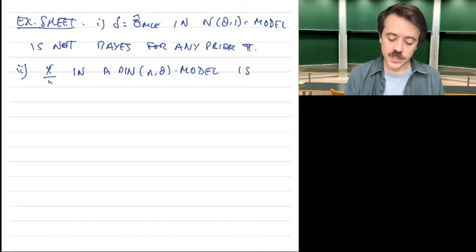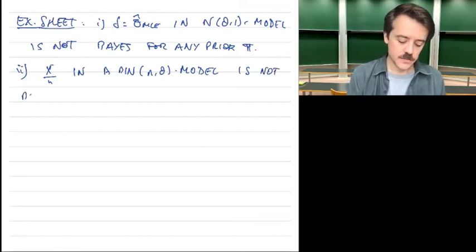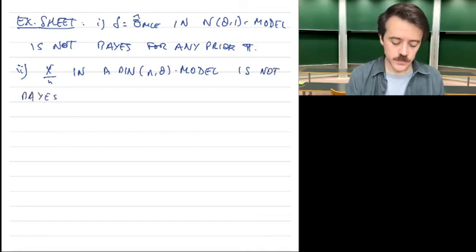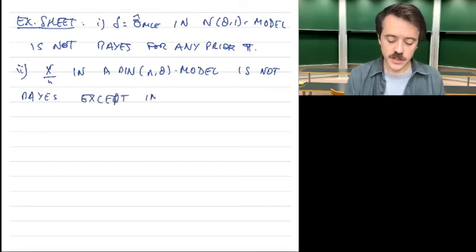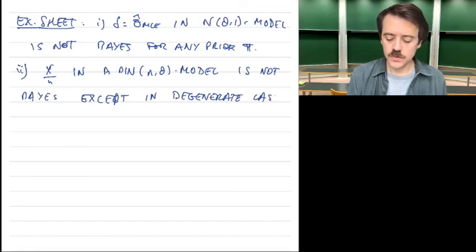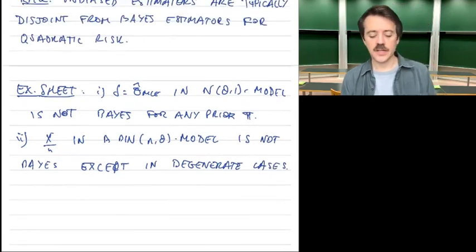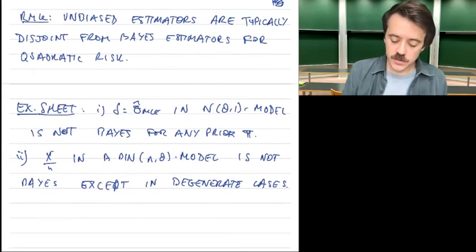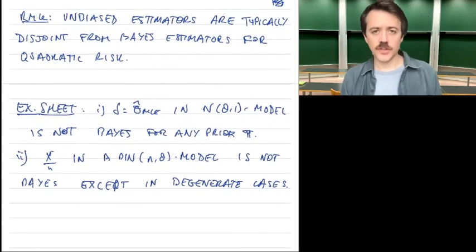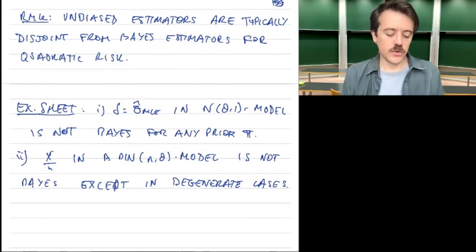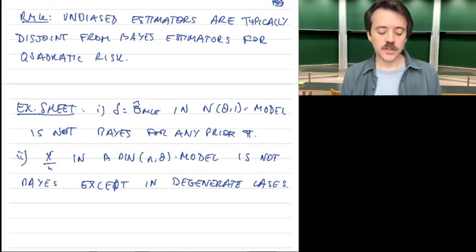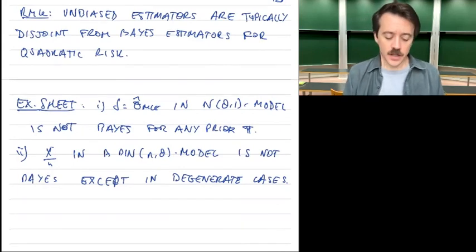We say that this is not Bayes except in degenerate cases. And this is why we said typically: essentially any non-trivial unbiased estimator cannot be a Bayes estimator, for any prior under the quadratic risk.